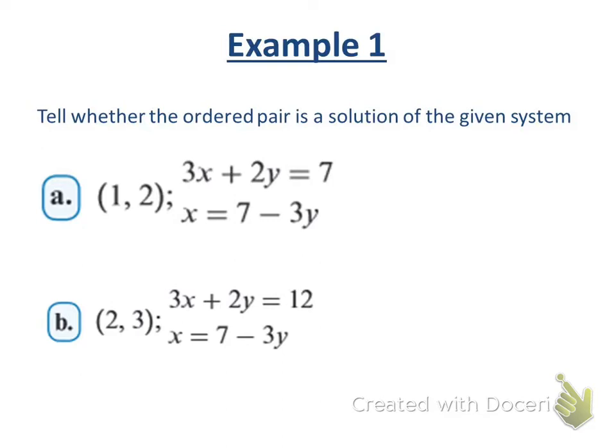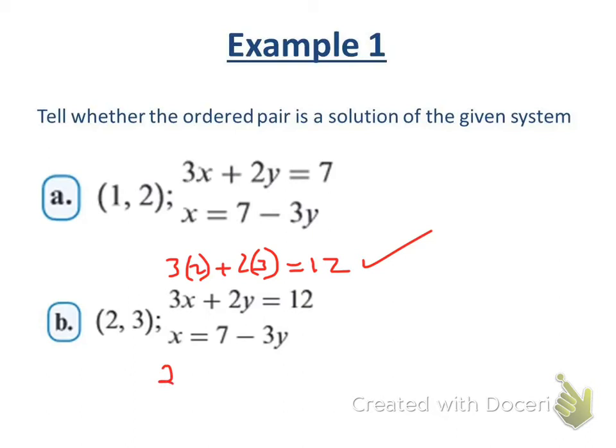What about this one? Is 2, 3 the intersection of those two lines? Is 2, 3 the point of intersection of these two things? Let's just plug things in, right? Is 3 times 2 plus 2 times 3 equal to 12? Yeah, that one's good.